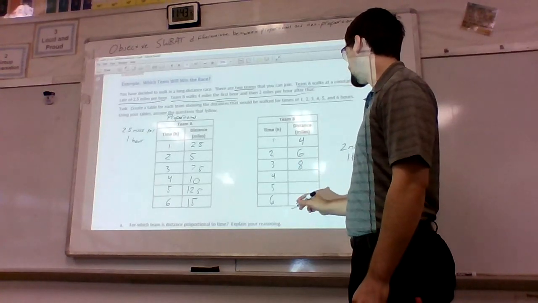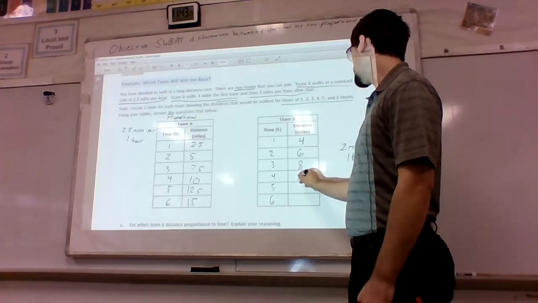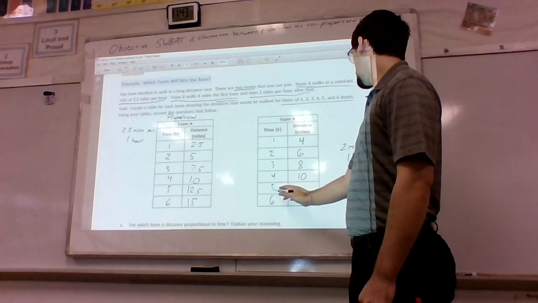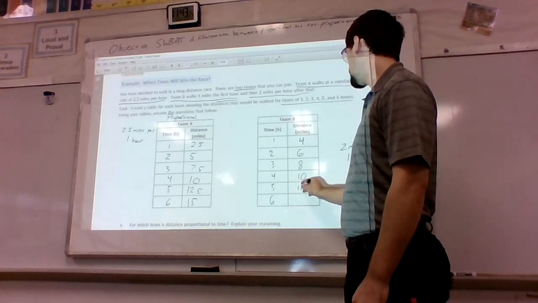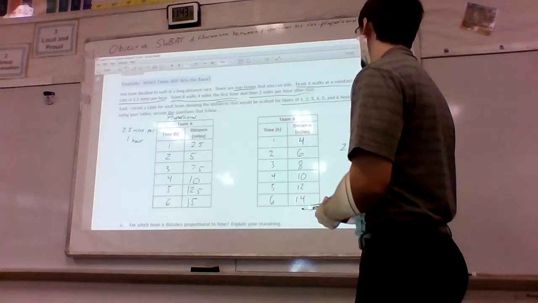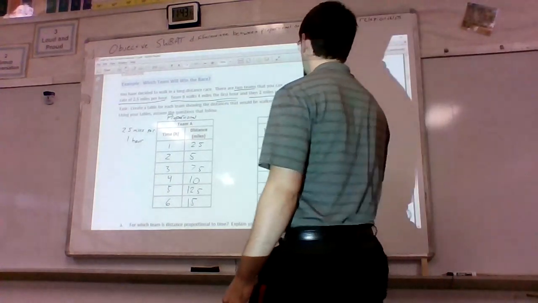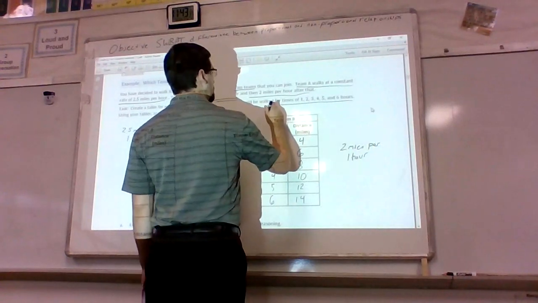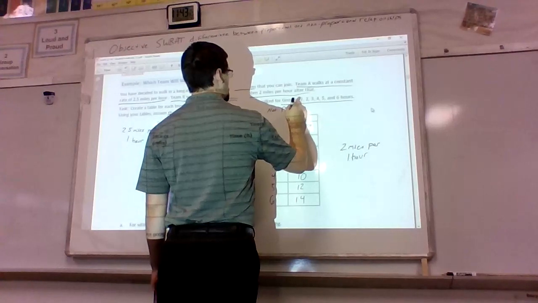Puts their total at 8. They walk another hour, 2 more miles, puts them at 10. Another hour, 2 more miles, puts them at 12, and that last one will put them at 14. And now we have completed our chart. And this one is not proportional.